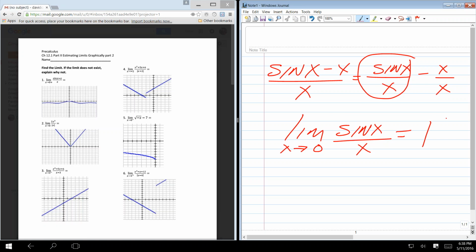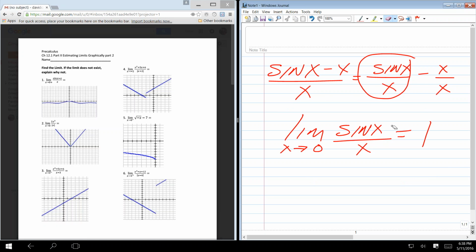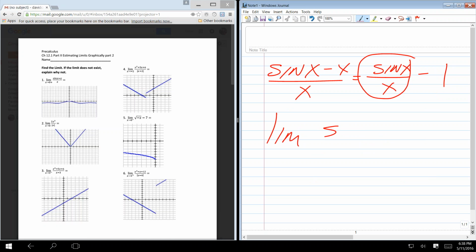That's just something you have to memorize at this point. So this problem becomes x over x is 1. So what is the limit of sine of x over x minus 1 as x goes to 0?